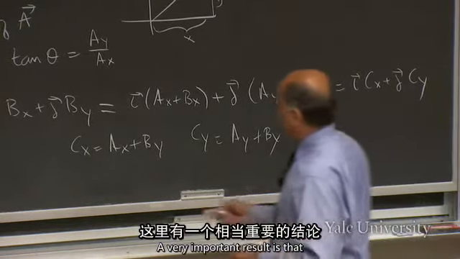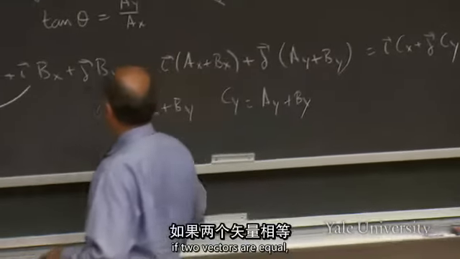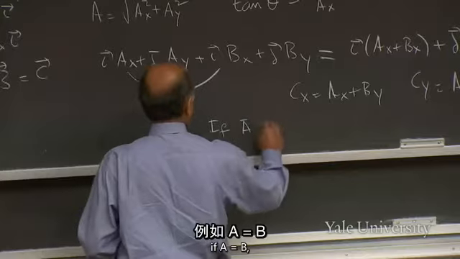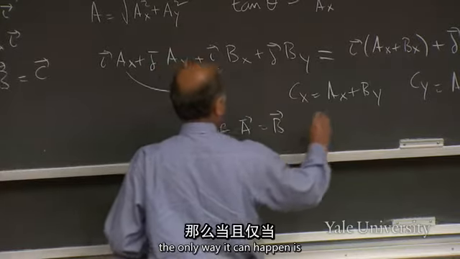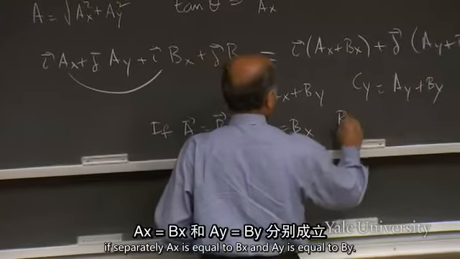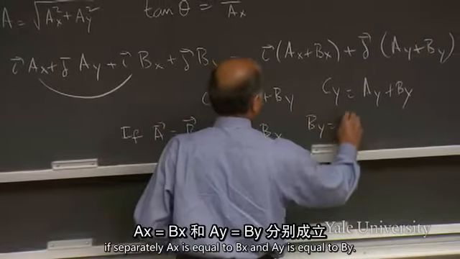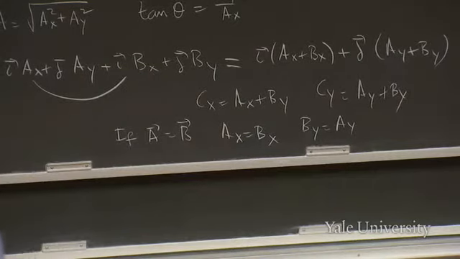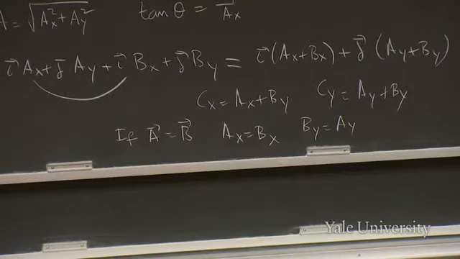A very important result is that if two vectors are equal, if A equals B, the only way it can happen is if separately Ax is equal to Bx and Ay is equal to By. That's the very important difference.